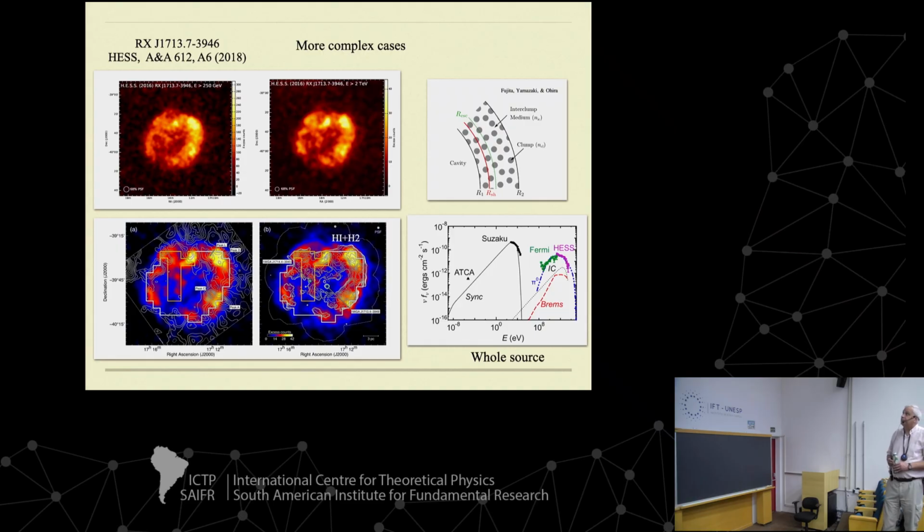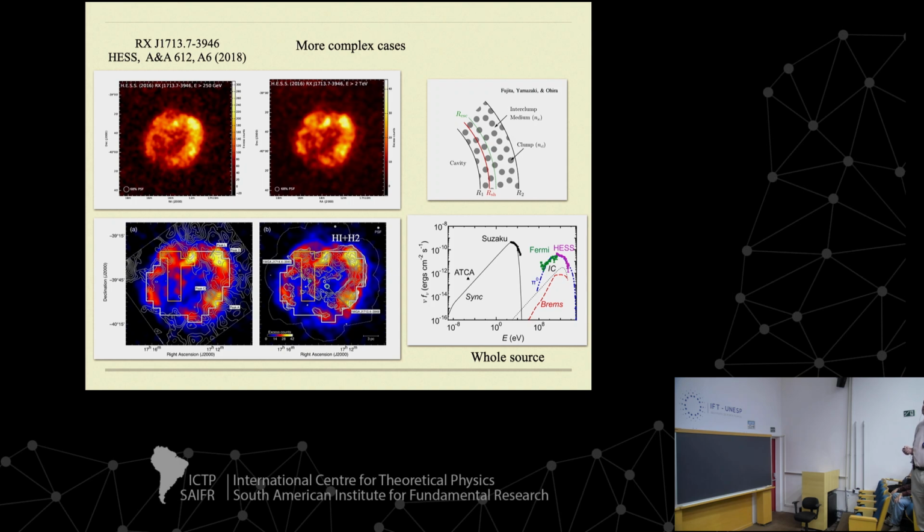Okay, but there are much more complex cases, and one of them is this remnant, RX J1713-39. It's an ugly name. I don't understand why they do not call it Peter or something like that. Okay.